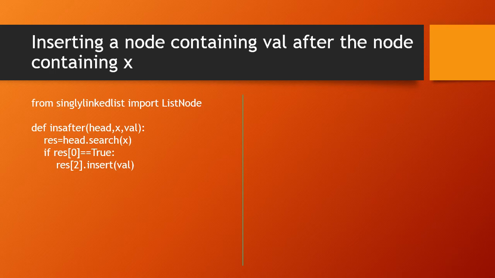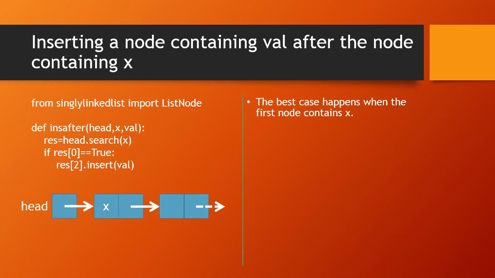And in element 1, there will be a pointer to the node before the node containing x. In index 2, there will be a pointer to the node containing x. So I call the search function for the head pointer, giving it the target of x, and whatever the search function returns, I store it in my own list called res here, which is result for short. This is the result of the search.